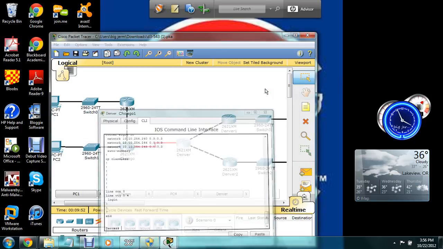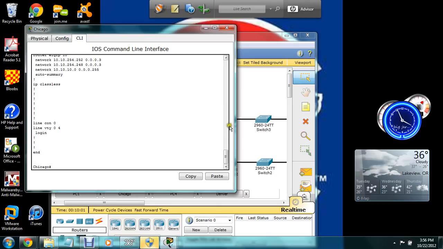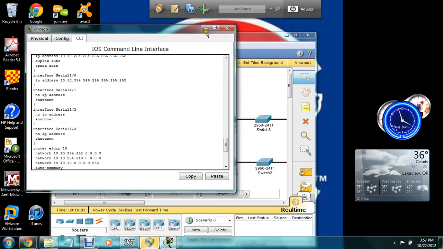So we're going to go to our Chicago 1 router first. Chicago router is 10.